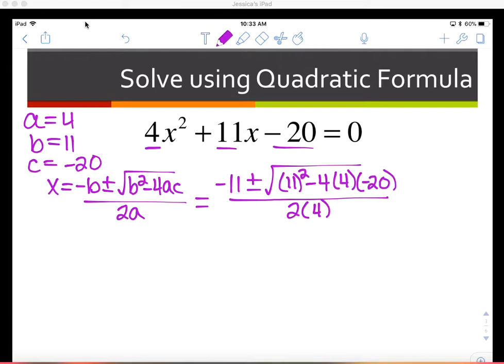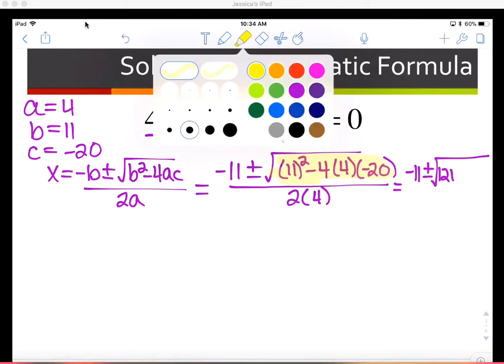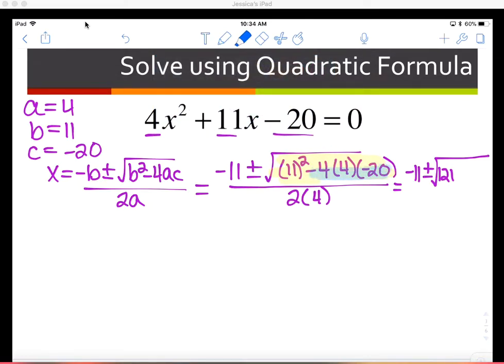Once you have done that, your goal is to simplify what's underneath the square root sign first. So I'm going to start with 11 squared. When I simplify this, I have negative 11 plus or minus the square root. 11 squared is 121, and then I have to multiply negative 4 times negative 20.